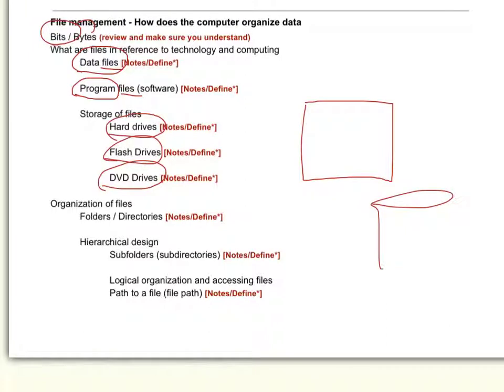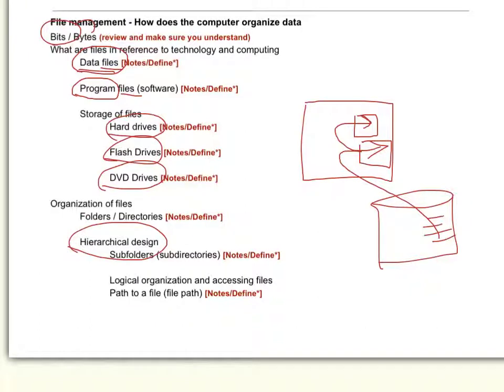We're going to talk more specifically about this, but in there we have that processor, we have some software on the hard drive, we bring it into memory, and from memory we can process those instructions and do something with data. How we organize that: folders, directories, hierarchical subfolders, some logical organization, a path to the files.